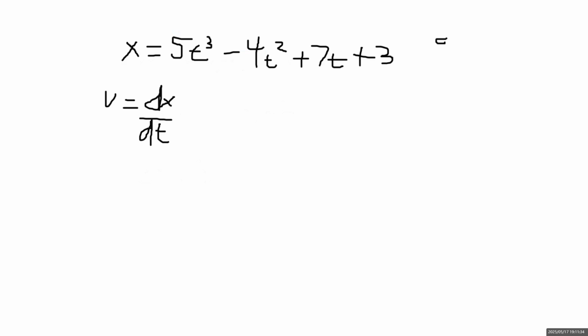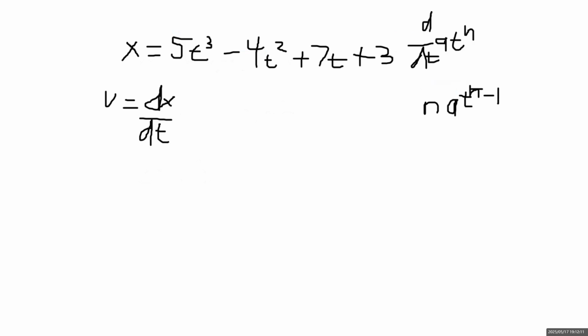The derivative of a t to the n with respect to t is n a t to the n minus 1, like that, okay?